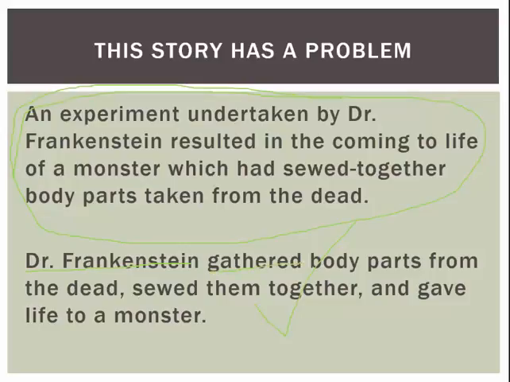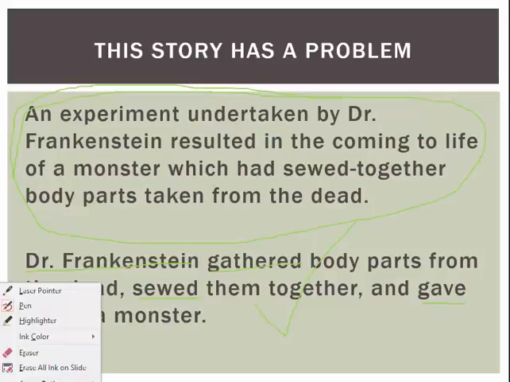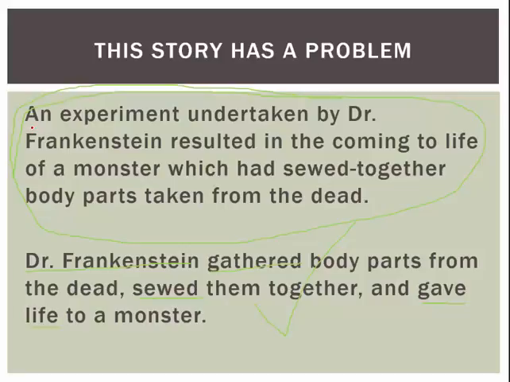Actually, we have 3 verbs with 3 great, vivid, specific actions. So those great, vivid, specific actions are in the verb slots. The great, vivid, specific actor is in the subject slot. Here, the subject of this sentence is this entire phrase. The complex subject is an experiment undertaken by Dr. Frankenstein.